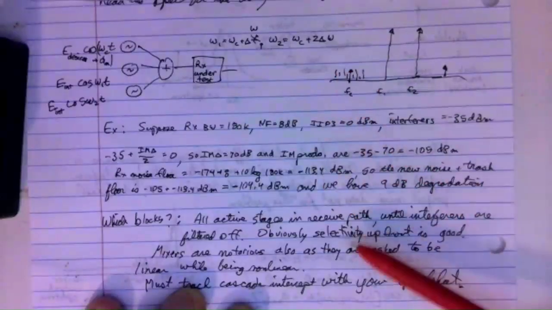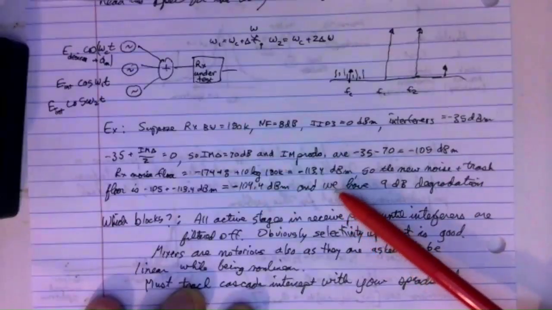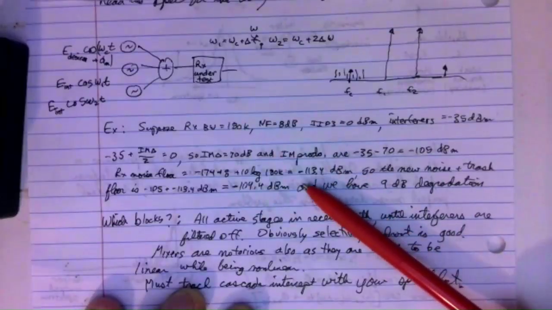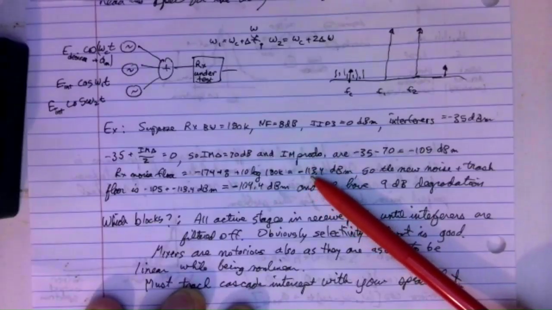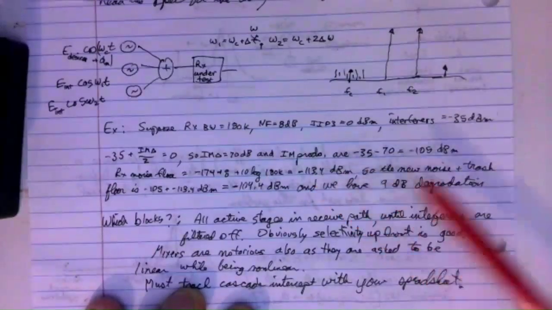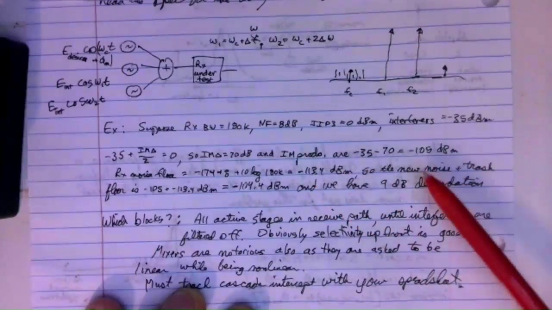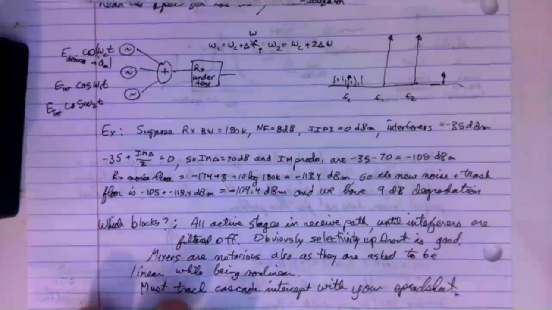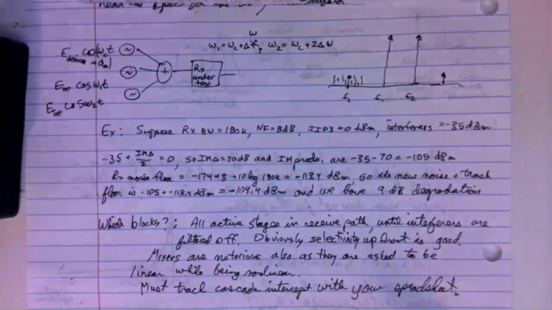All right. So now we have an interferer that adds to that. So if I add minus 113.4 to minus 105, you can't add the dBm. You have to convert each back to milliwatts and then convert back to dBm again.